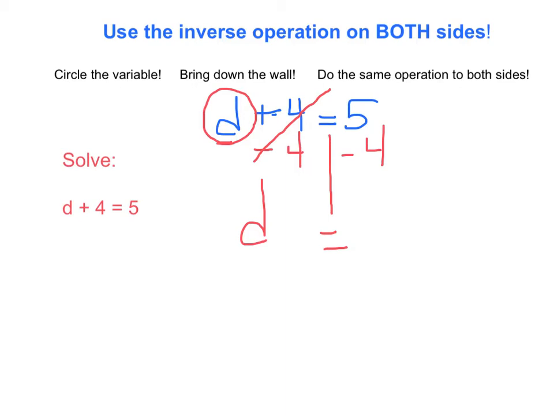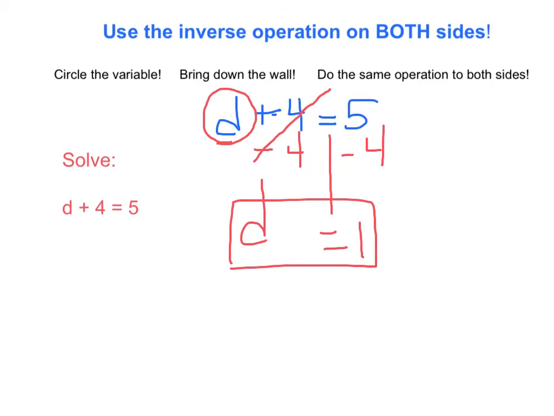No. So now I have D equals. I come on this side of the problem, and I ask myself, 5 minus 4 leaves me with 1. So my solution to my problem is D equals 1.